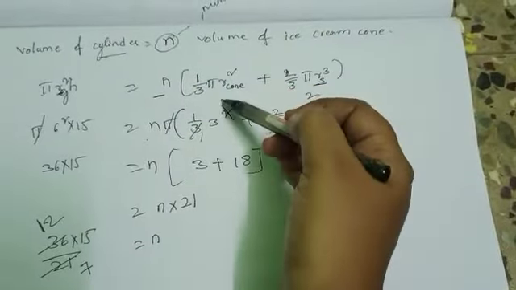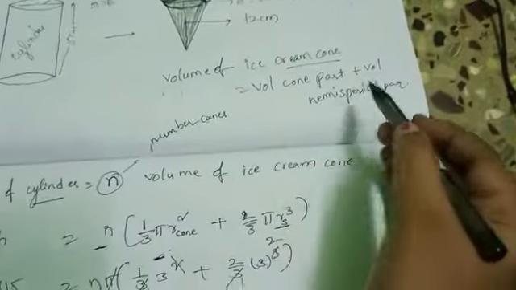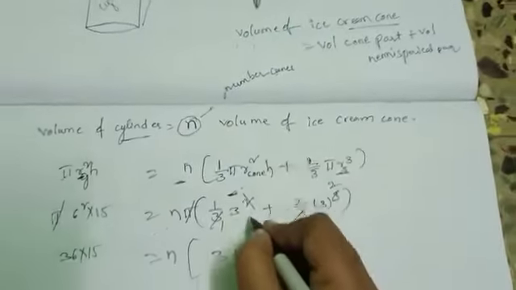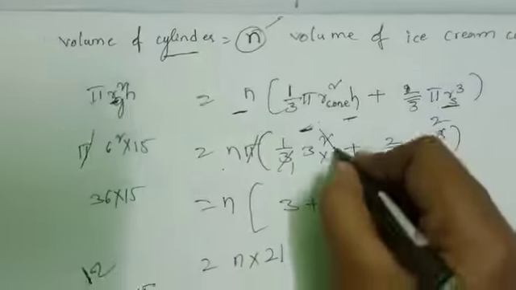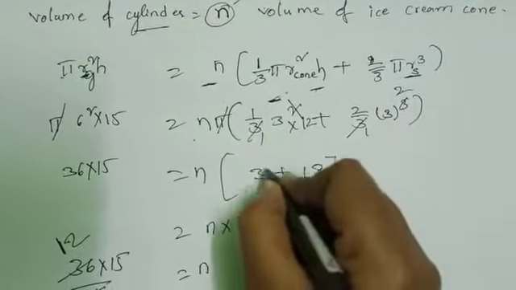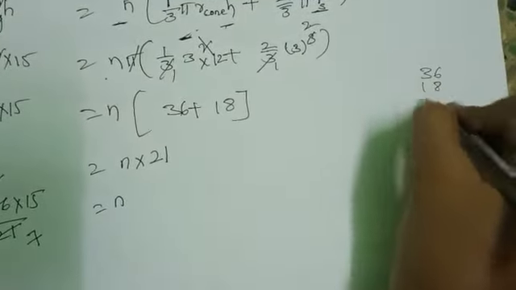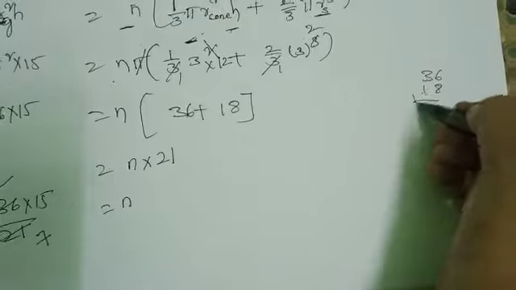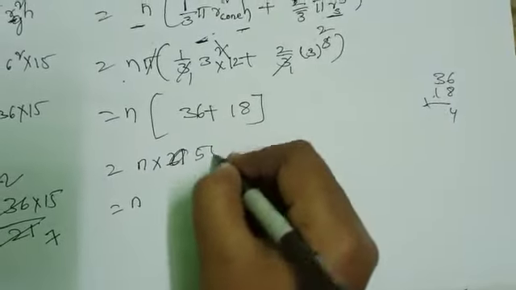Here the volume of the cone part is 1 by 3 pi r square h, and I forgot the h value. The height of the cone is 12 centimeters. 3 into 12 is 36. 36 plus 18 is 54. N into 54.